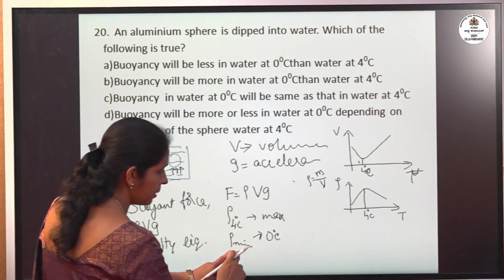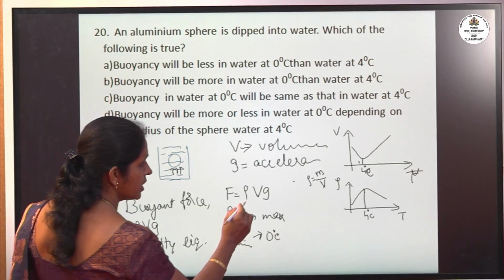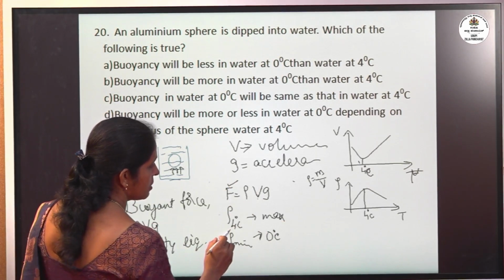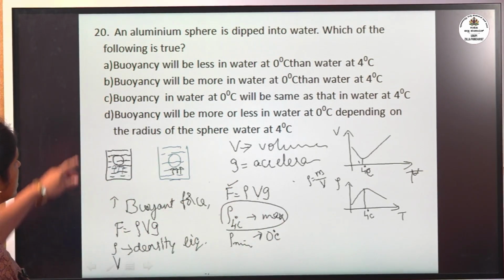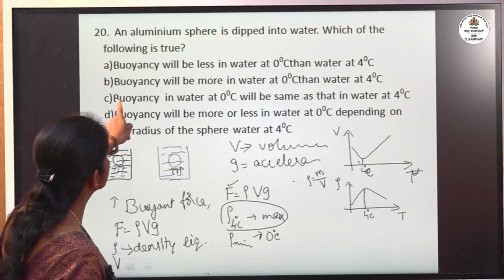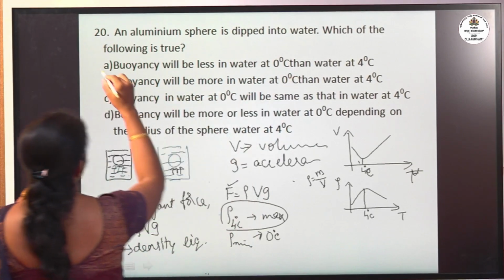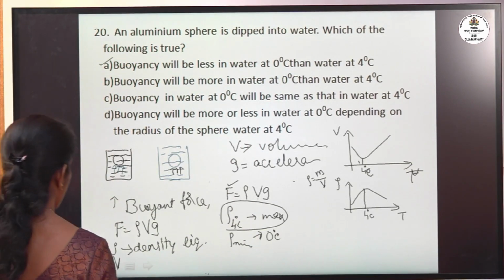Rho is maximum, V and g are constant, so buoyant force is maximum at 4 degree Celsius. Buoyancy is maximum at 4 degree Celsius. First option is correct: buoyancy will be less in water at 0 degree Celsius than water at 4 degree Celsius. This is the correct answer.